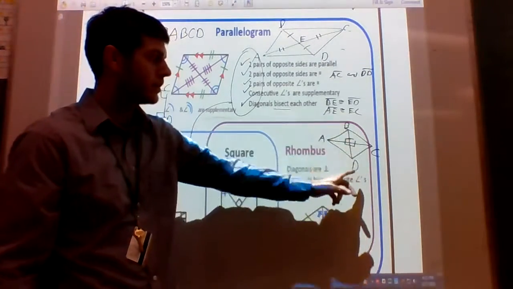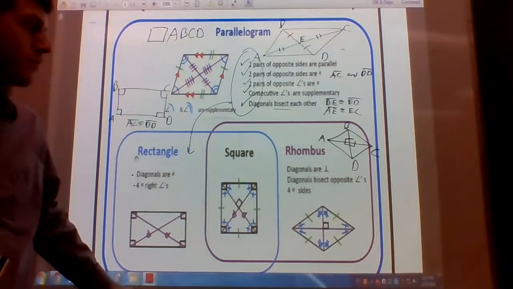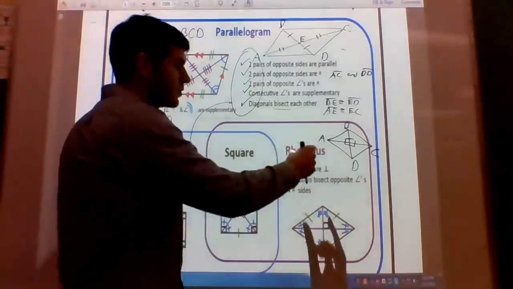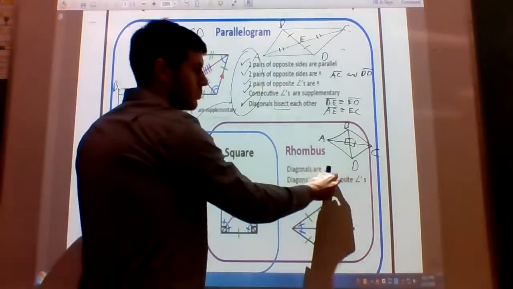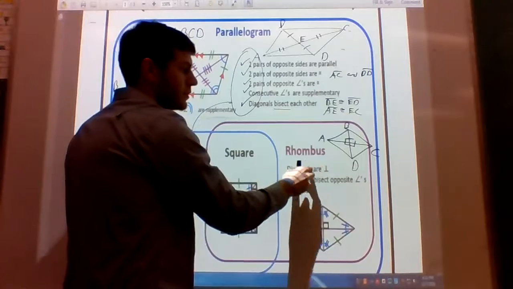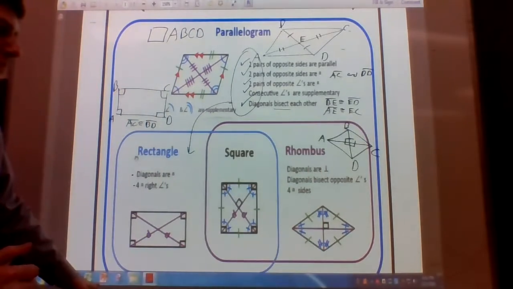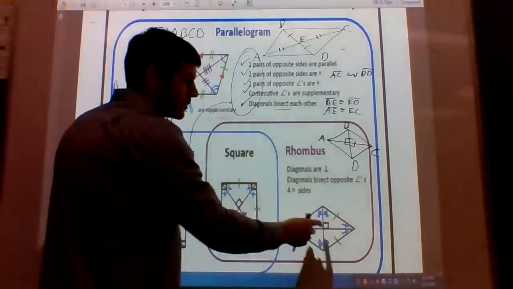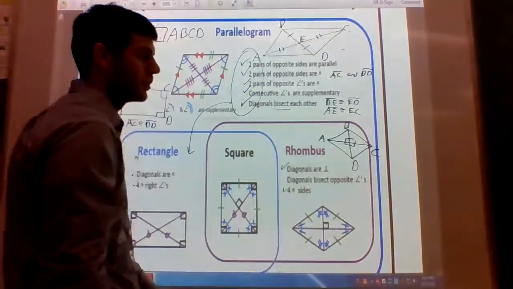The diagonals bisect each other. Again, bisecting. They're perpendicular. So the diagonals bisect each other because rhombuses are parallelograms. But they're perpendicular because that's one of the properties that emerges from being a rhombus. Rhombuses are defined as having four sides that are congruent, but one of the other properties that emerges is that the diagonals are perpendicular.